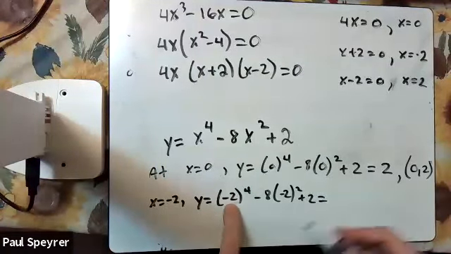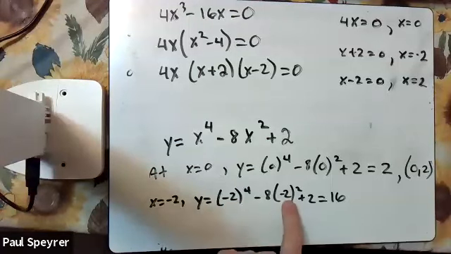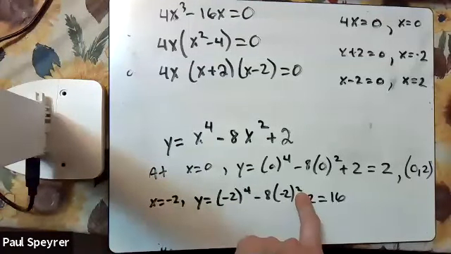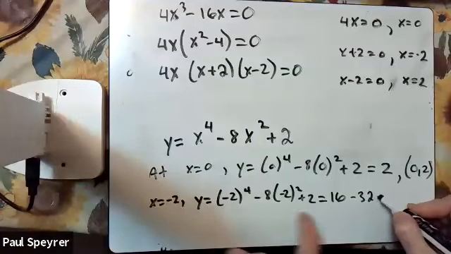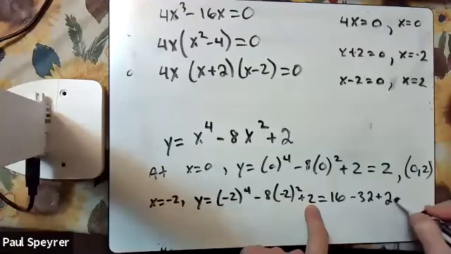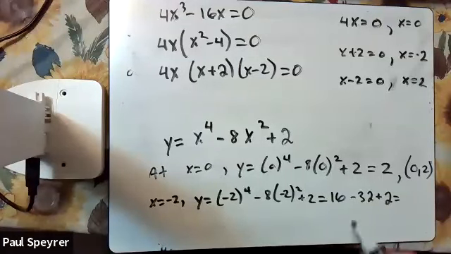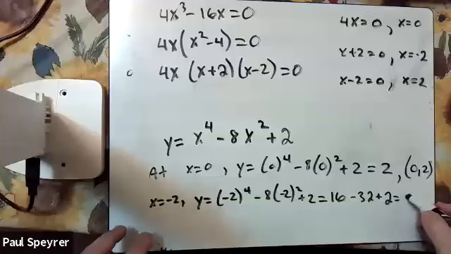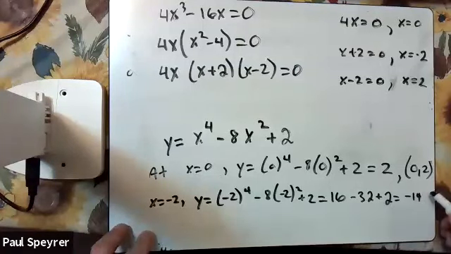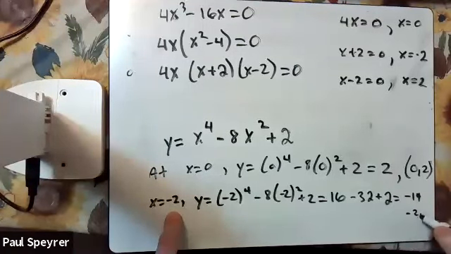So this becomes 16, right? Negative 2 squared is 4, times negative 8 is negative 32, plus 2. So we get 16 minus 32 is negative 16, plus 2 is negative 14. So for this one, it's at negative 2 comma negative 14.